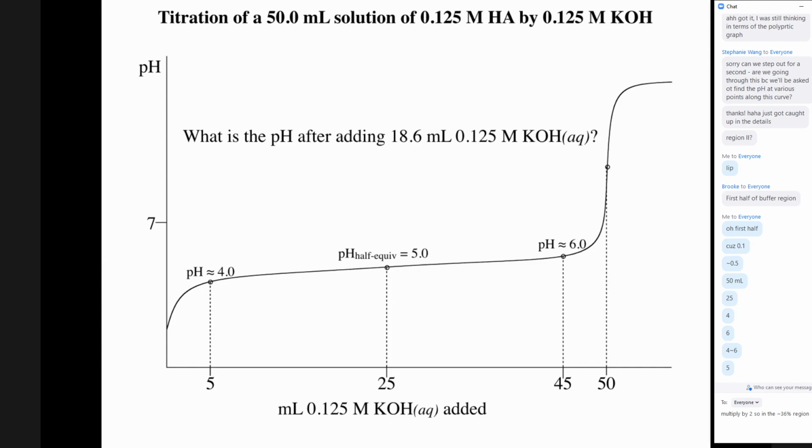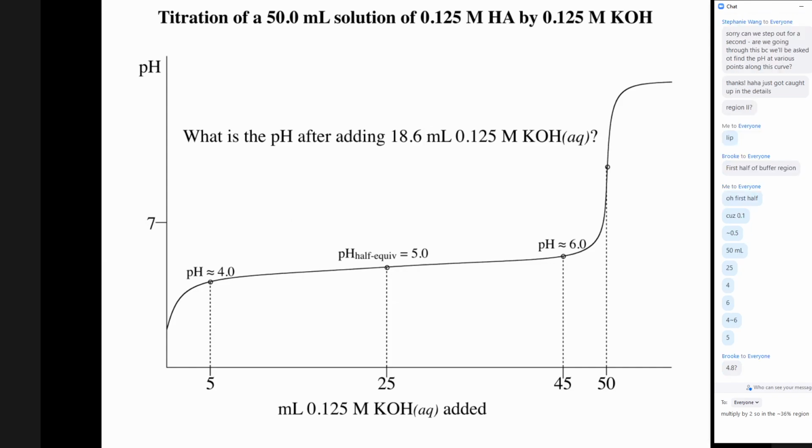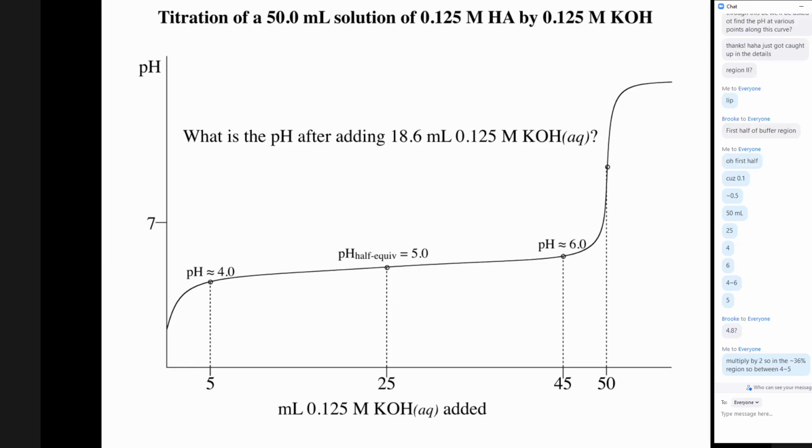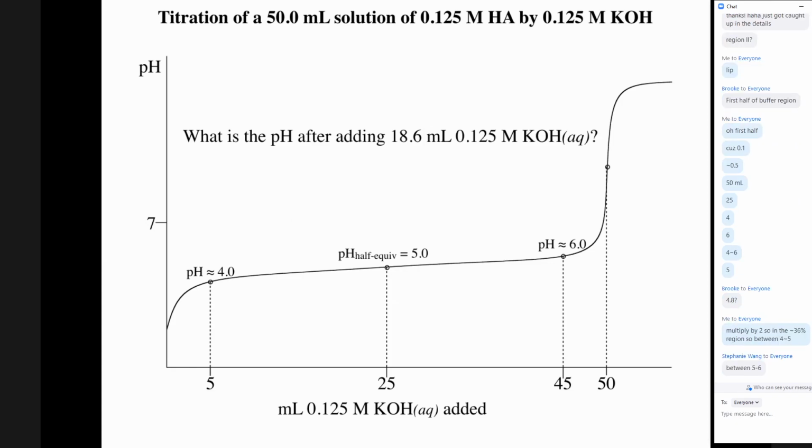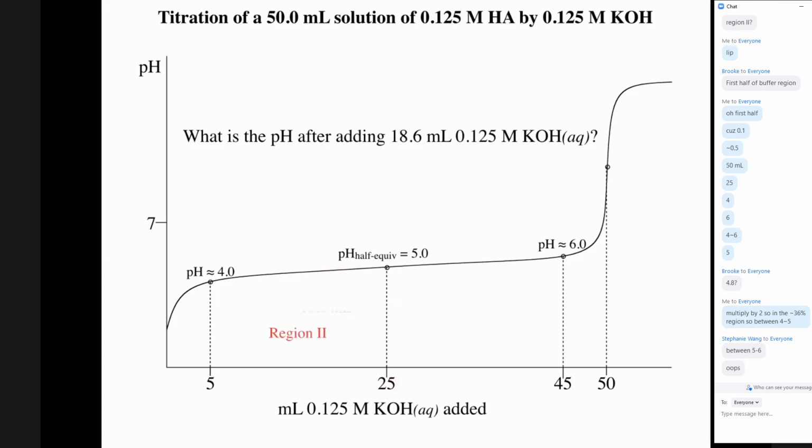Perfect. Another good answer. Yep, exactly. So somewhere in that region, somewhere between 4 and 5. So for this one, 18.6 is less. 18.6 is going to fall somewhere around there.